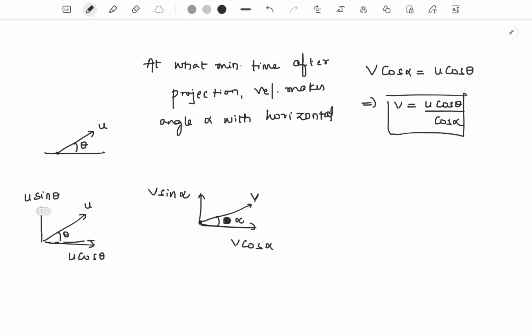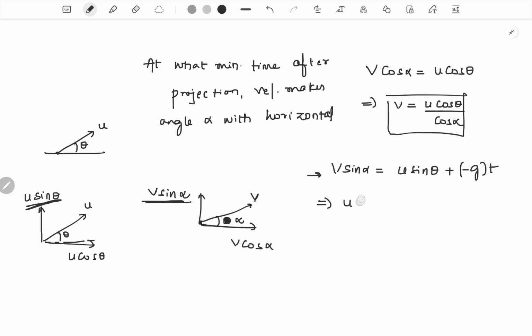So see here, the vertical component of velocity will keep changing with time. Initially it was u sin theta, now after time t, its vertical component of velocity is v sin alpha at the moment when its velocity makes an angle alpha with horizontal. Then I can write v sin alpha is equal to, using vy is equal to uy plus ay into t, v equals u plus at for the velocities and acceleration along y direction.